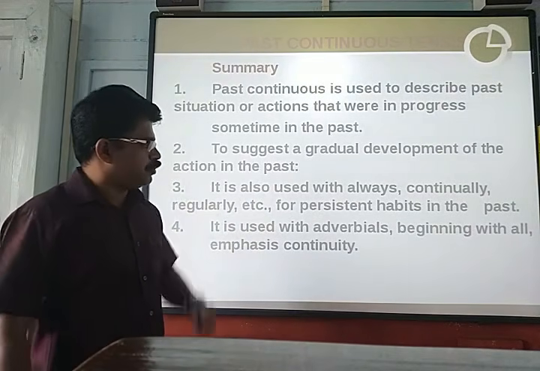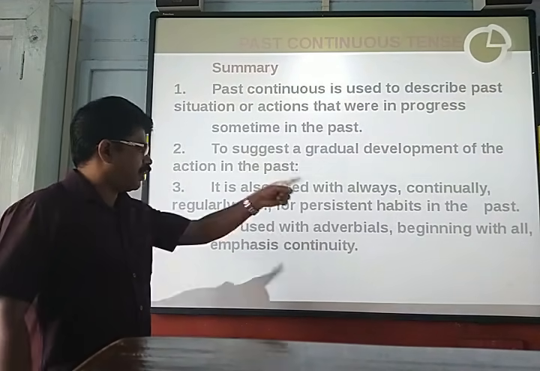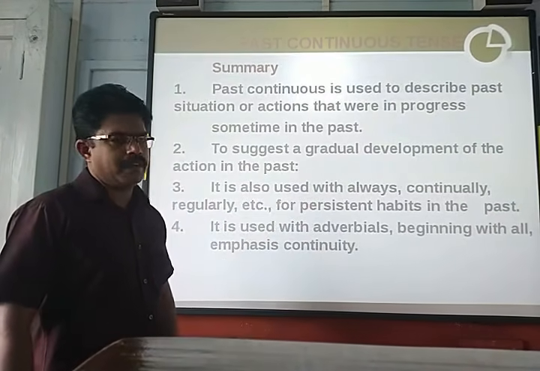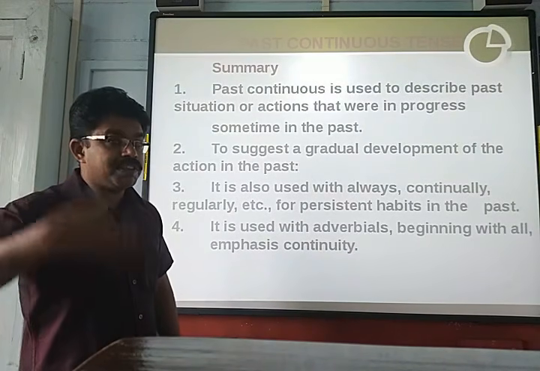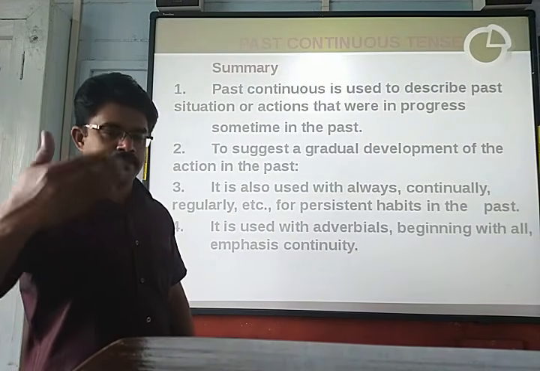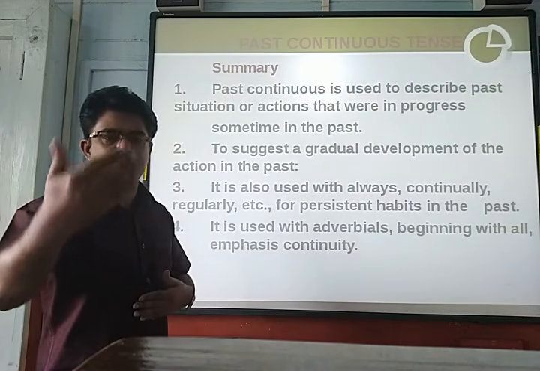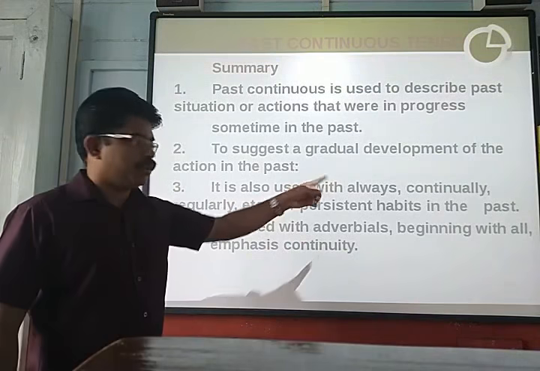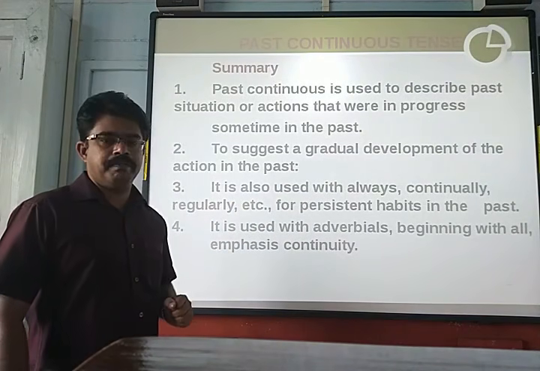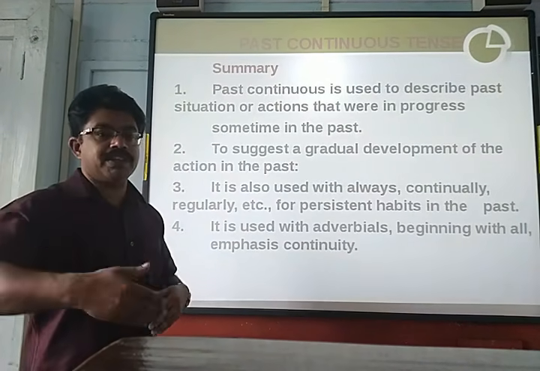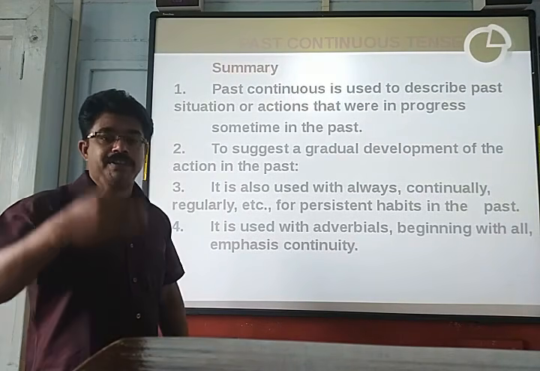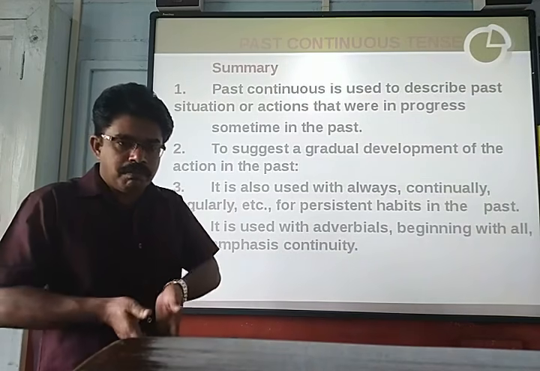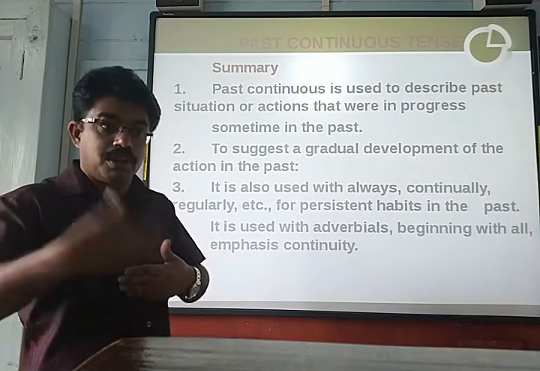It is also used with always, continually, regularly, etc., for persistent habits in the past. Naturally, when we say habit, it is something persistent, regularly happening. Always, continually, regularly are words which show an activity that has been in progress for some time, in movement, in continuity.